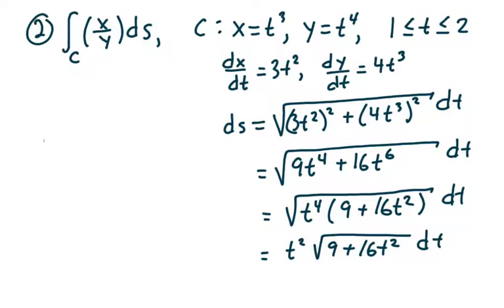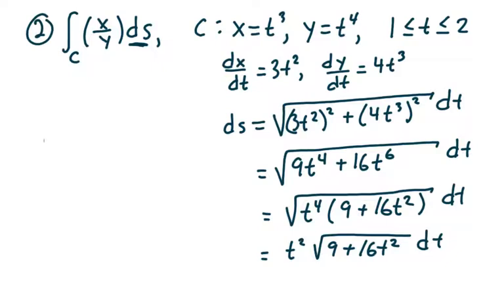So ds, right, we need to get our ds, and you're going to see in every one of these, I'm going to get ds first. So ds is the square root of (3t squared) squared plus (4t cubed) squared, dt. So this is the square root of 9t to the 4th plus 16t to the 6th, dt.